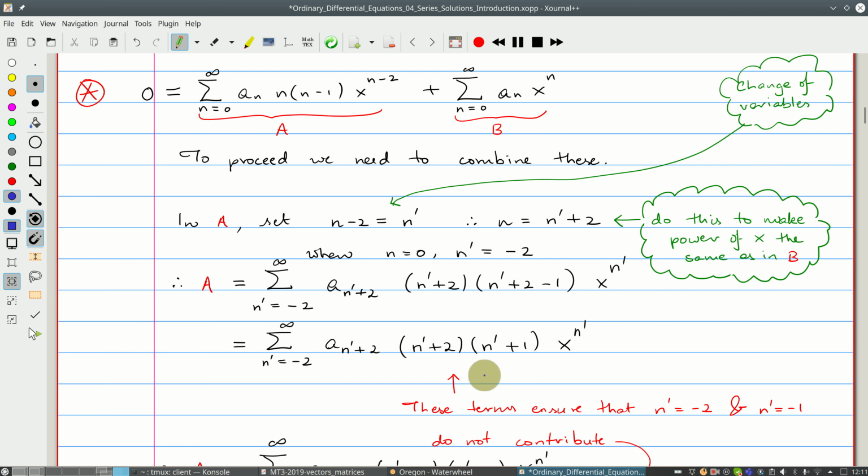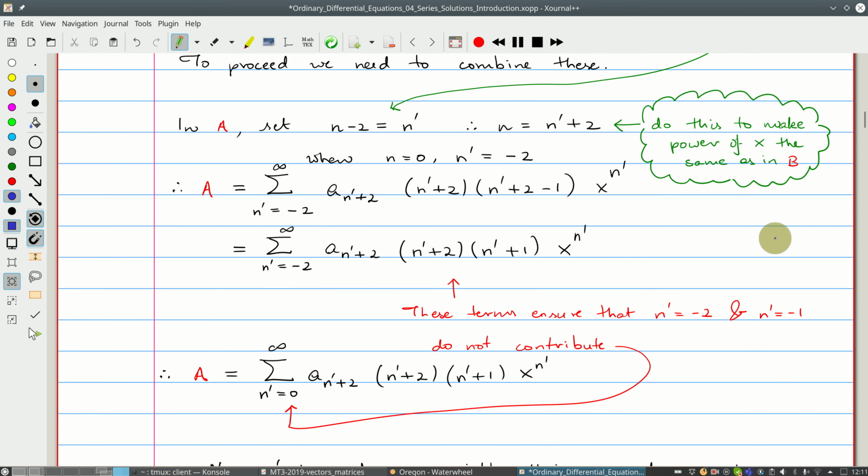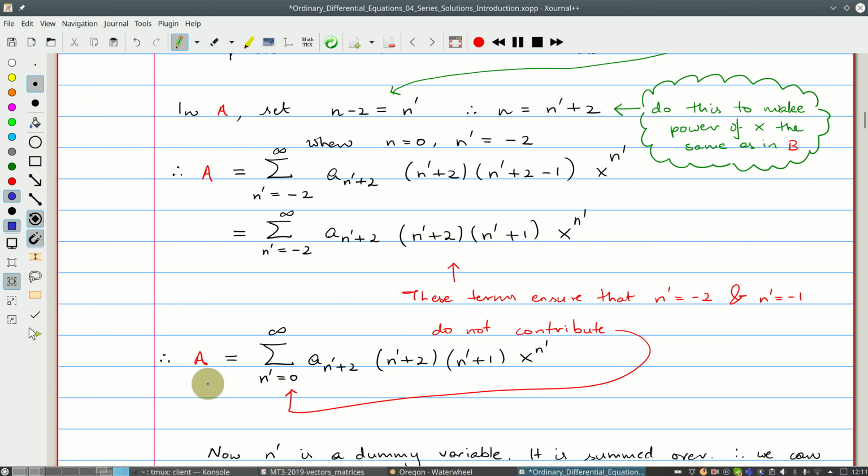These two terms don't contribute at all. So what we can then do is write this modified version of A as the sum n prime is equal to 0 to infinity, because the first two terms don't contribute, of a of n prime plus 2, and the rest is the same as what we had above.